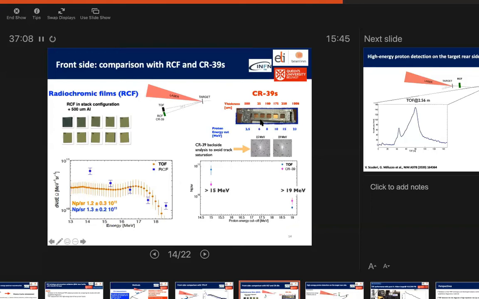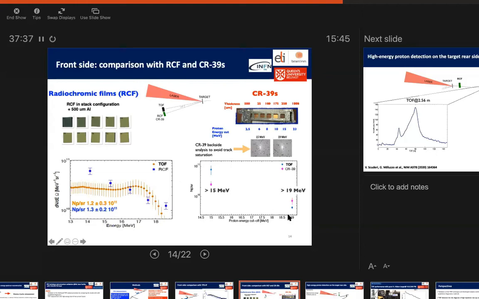Again, as we always do, we used different thicknesses of filters. In this case it was copper, but the CR39 was very long. So actually the different parts of the CR39 were at different angles, because it was like this. But just one shot, please. Yes, one shot, for sure. And this is the plot.